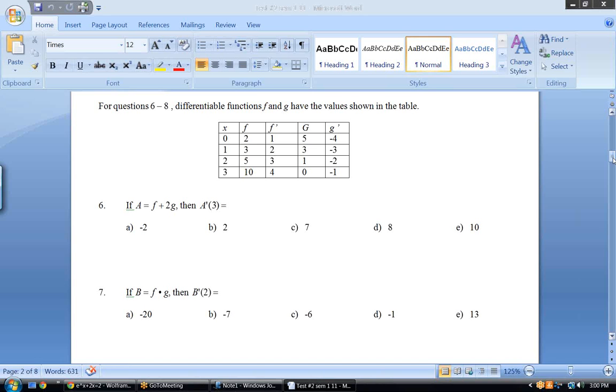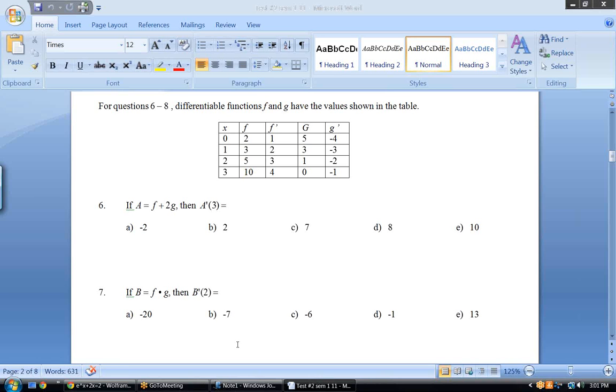They used a little g up here, and they've used little f and f prime, so why didn't they use little g and g prime? That's all right. We can work with that. If A equals f plus 2g, then A prime of 3.